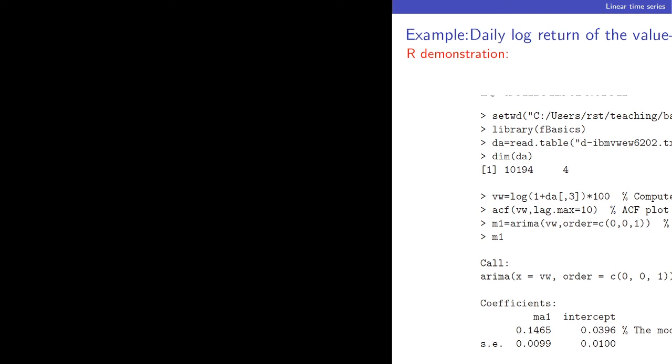So with this coefficient in hand, our model will be this: intercept working as a mean, a sub t, and here this MA1 coefficient. But look at this plus sign. In our theory, it's a minus. So please take a lot of care while working with that.